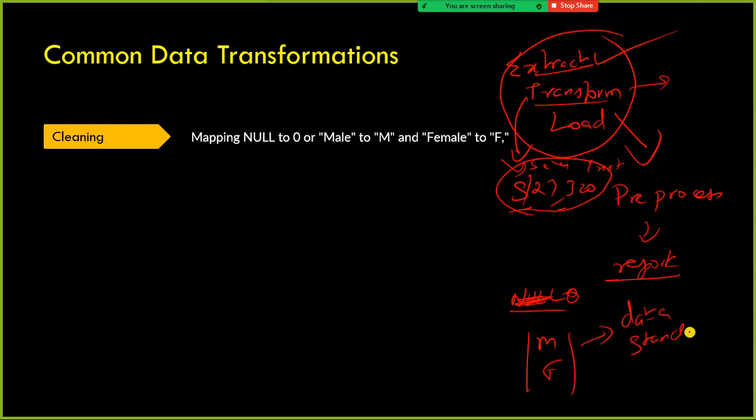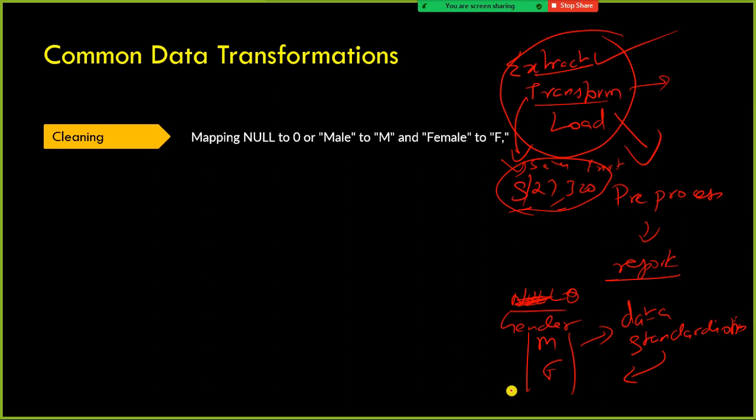This is data standardization. As per the data standardization policy, you want to make sure that the data stored in the gender column is consistent, because we operate across various locations of the USA.